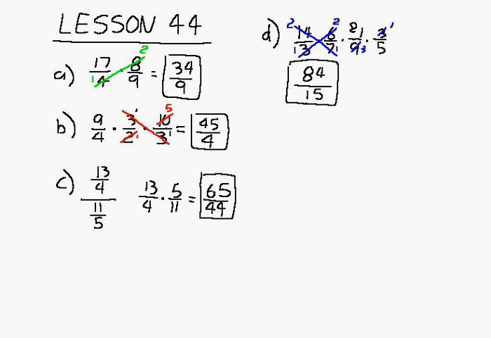I should have canceled this 21 over 3 to a 7 over 1. And that would have given me 28 over 5 instead. 28 fifths, that's really what the answer is. We could have divided 84 by 3 and 15 by 3, and that gives you 28 over 5. So that's the actual answer there. Okay? Well, that's all for lesson 44.